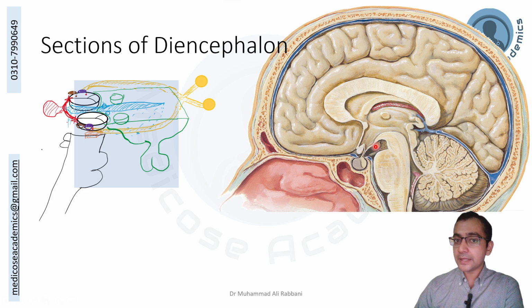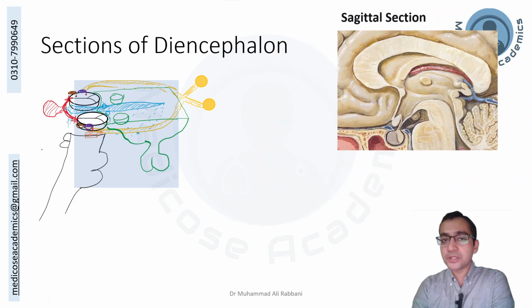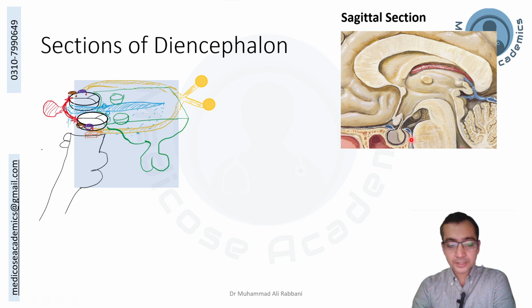This is the tuber cinereum, mammillary bodies, and then there is the anterior perforated substance, midbrain, pons, and medulla oblongata. Behind there is the cerebellum and fourth ventricle. These are the colliculi. So these are the structures that you can see on the mid-sagittal aspect.